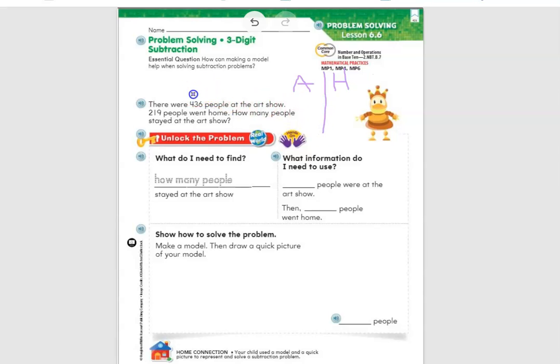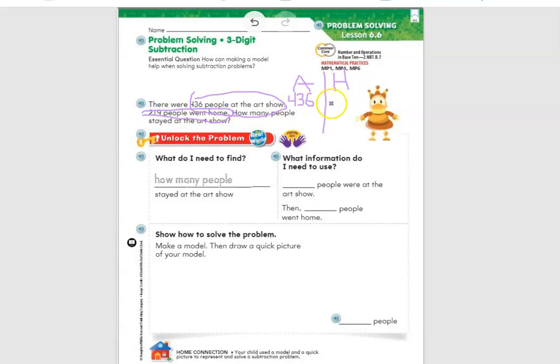So it says here we had 436 people at the art show, right? So I would write over here 436. And then it says we have how many that left and went home. 219 people went home.